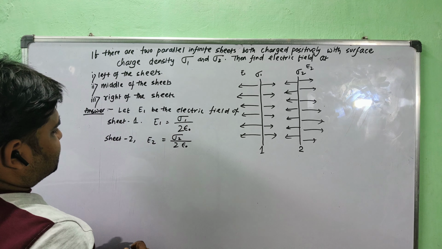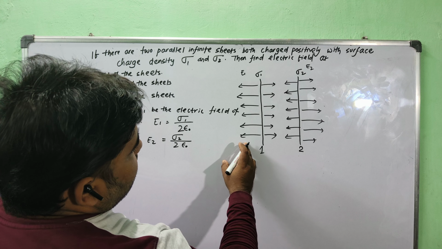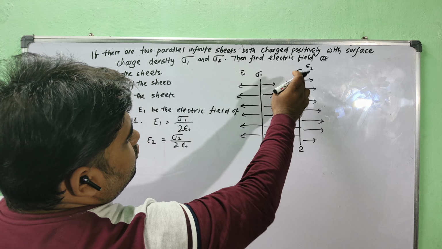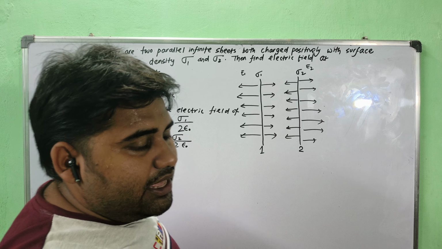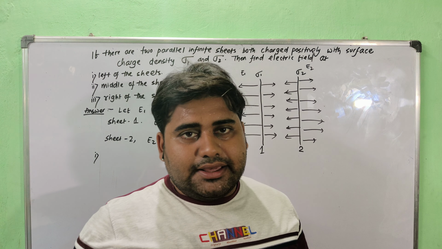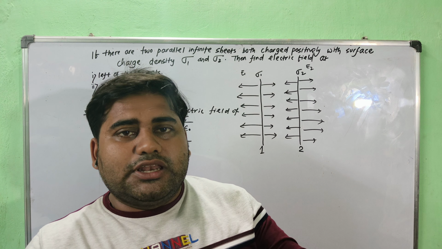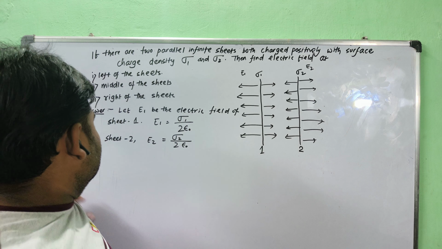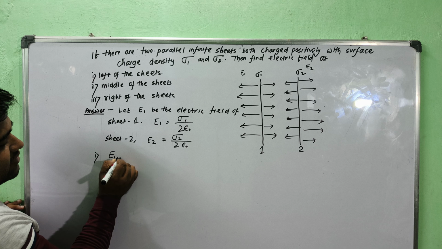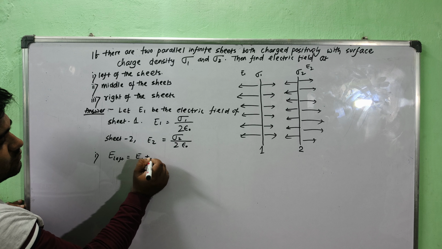For answer 1, to the left of the sheets, you can see that E1 and E2 have the same direction. So they can be added algebraically. If two vectors are going in the same direction, you can add them algebraically. So for the left of the sheets, the net E left is E1 plus E2.